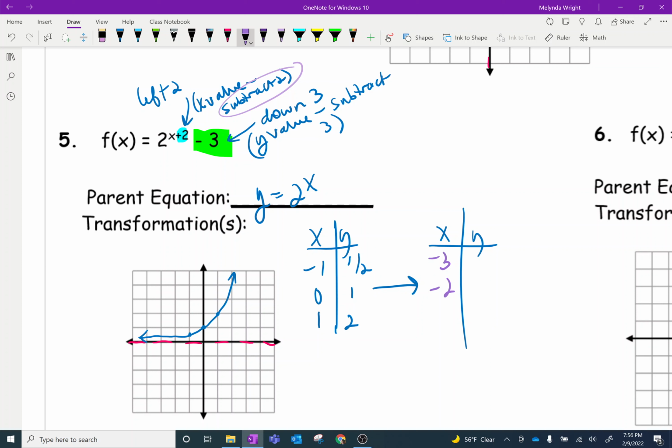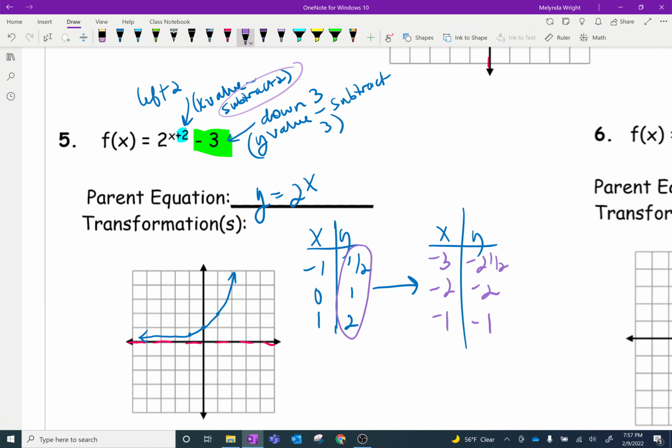Now let's think about this for a second. We also are probably going to have to transform the asymptote. Let's think about that. What would move an asymptote on an exponential? The up-down shifts would move. Think about this as a barrier.